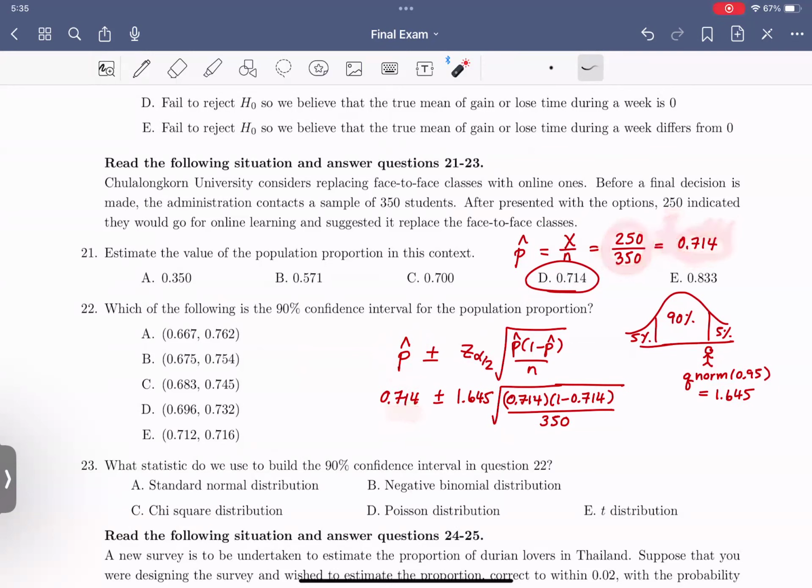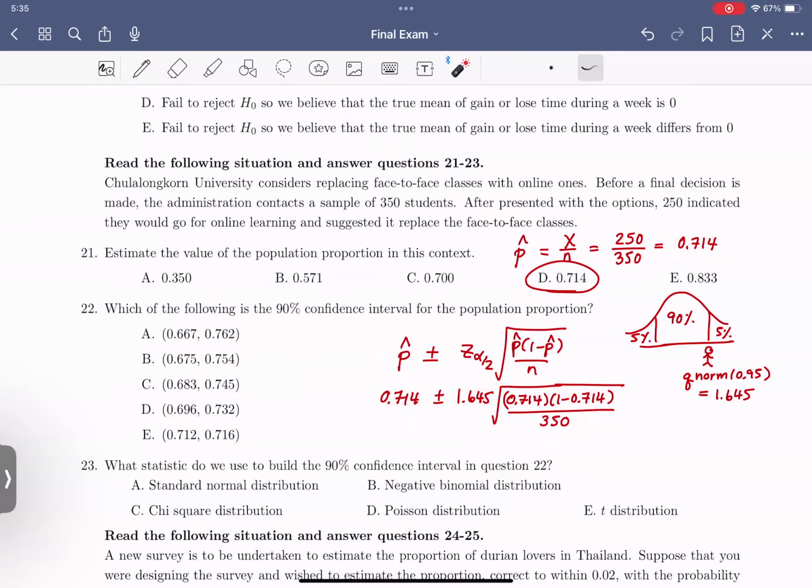Sometimes if you round the number too early, say 0.72 or 0.71, where you only keep 2 digits, the number that you get can be a little bit off from the last digit in the multiple choice. So try to pick the one that is close to the one you get from the calculator, because it depends on how you round the number too early or not.